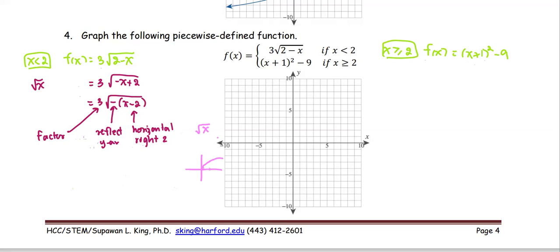This is the point (0, 0), and this is (1, 1). With the horizontal shift to the right 2 units, the (0, 0) becomes (2, 0), and the (1, 1) becomes (3, 1).